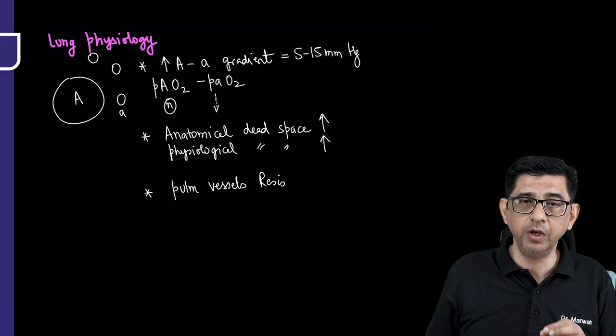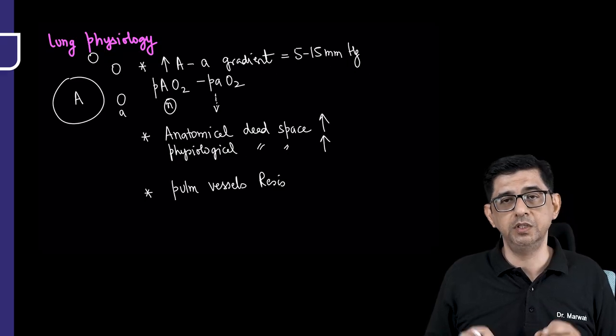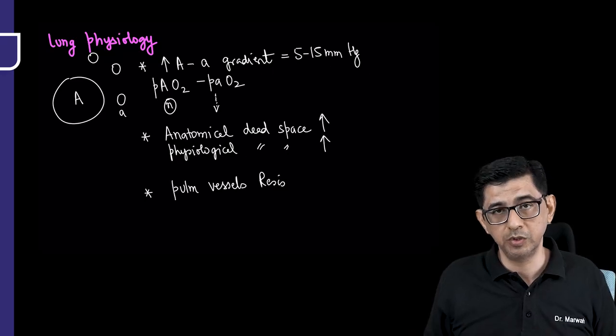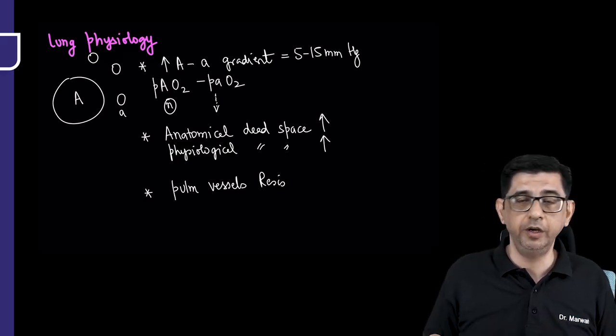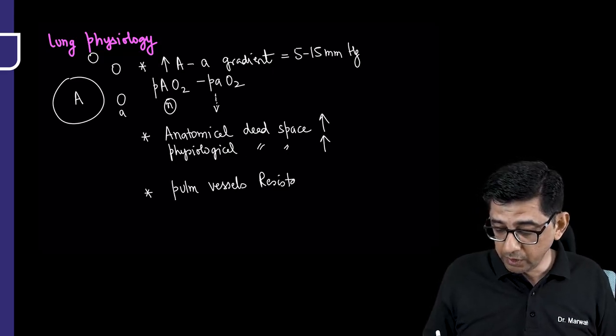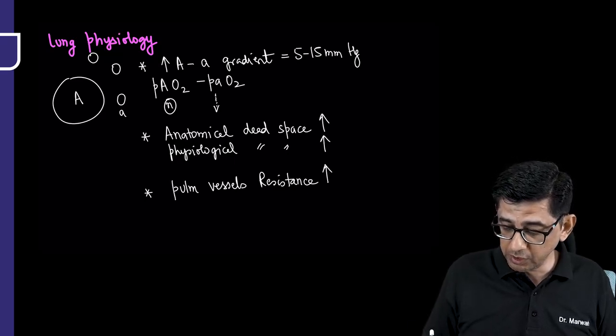So the behavior of the pulmonary artery or its branches is different from all other vessels. The basic statement of physiology to be remembered by you is all blood vessels dilate in response to hypoxia except pulmonary vessels. Pulmonary vessels will not dilate, they will rather constrict, and therefore pulmonary vascular resistance will be more.